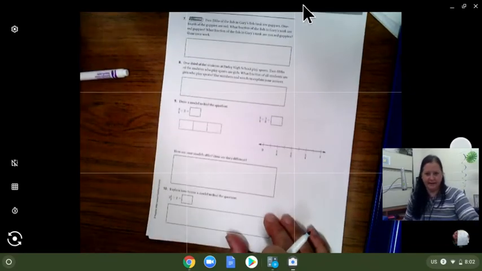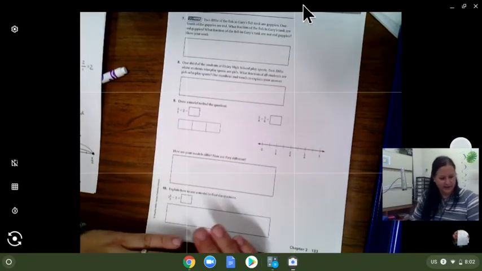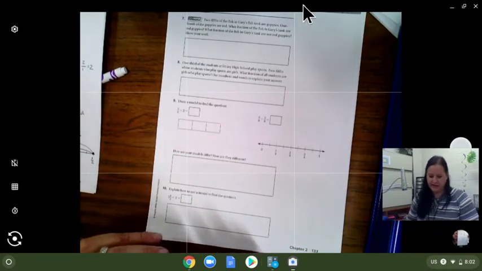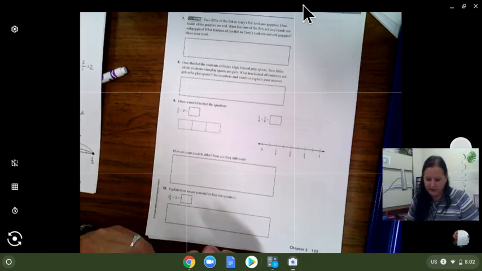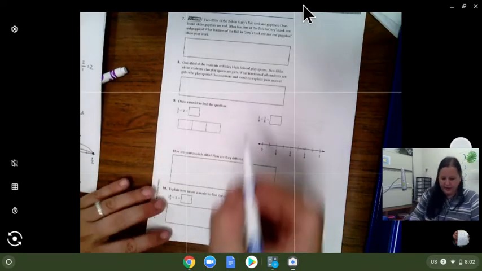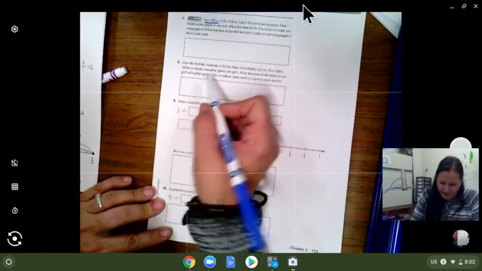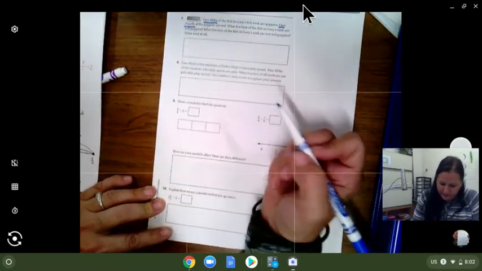Okay, on to the next page. Number 7, 2/5 of the fish in Gary's fish tank are guppies. 1/4 of the guppies are red. What fraction of the fish in Gary's tank are red guppies? What fraction of the fish in Gary's tank are not red guppies? Show your work. So it says 2/5 of the fish are guppies, and it says 1/4 of them are red.